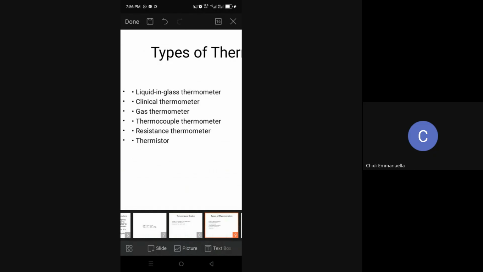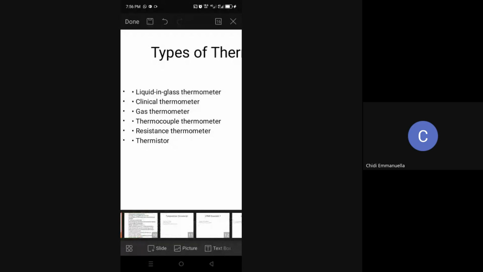Gas thermometer, where the thermometric property is constant pressure and volume. Then thermocouple thermometer, resistance thermometer, and thermistor. Thermistor and resistance thermometer use the resistance of metals.